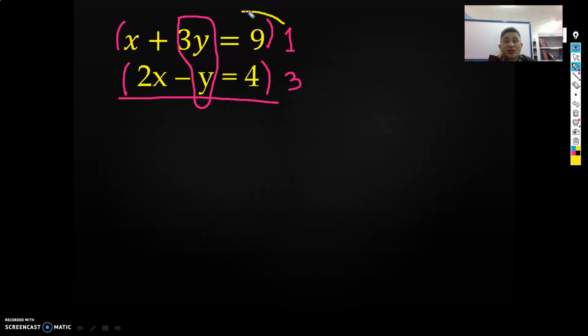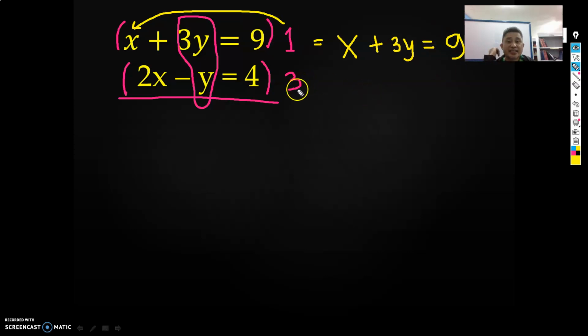Okay, so dito 1 times x is 1x or x. 1 times positive 3y is positive 3y equals 1 times 9 is 9.